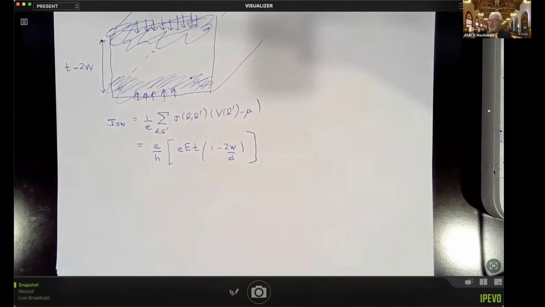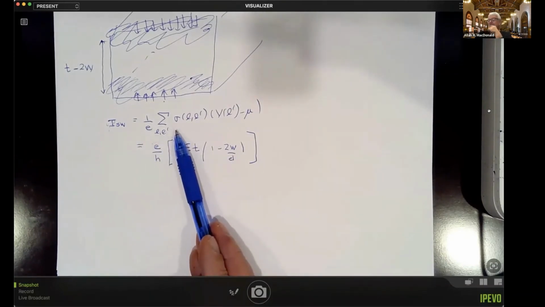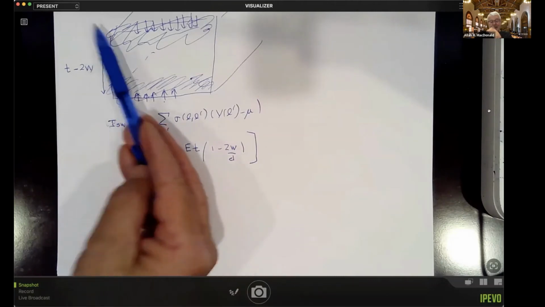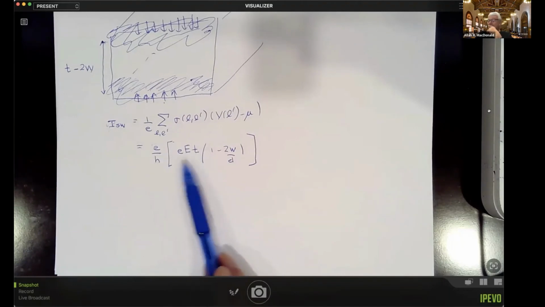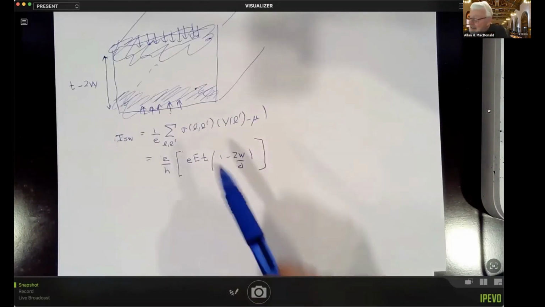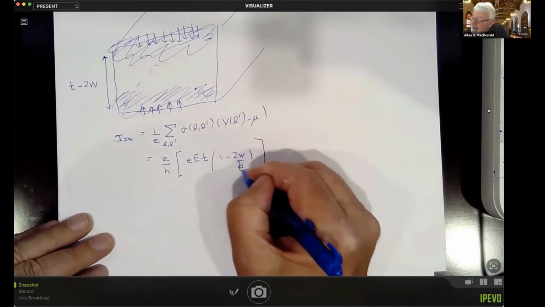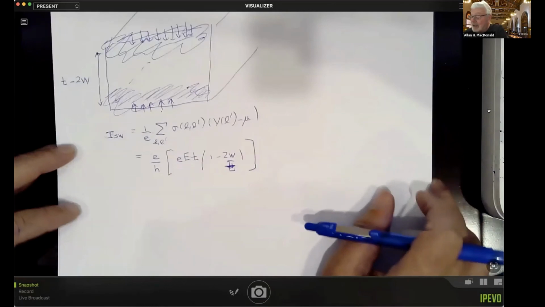And so what it really measures at a finite thickness is not the total electric potential across the entire film, but something smaller than that. And that gives a 1 over thickness correction to the magnetization that's induced in this system by an electric field, which is what you always see in numerical calculations.